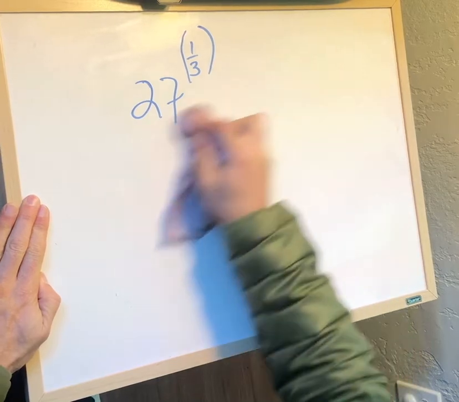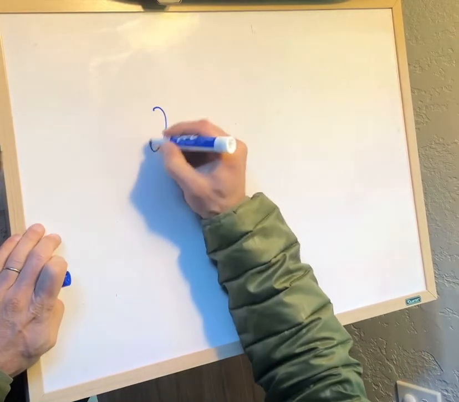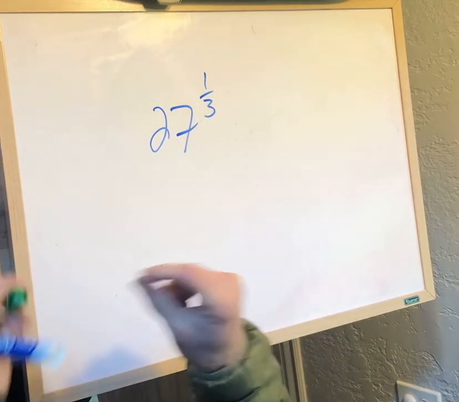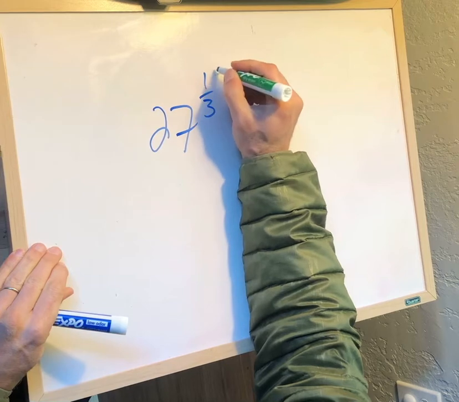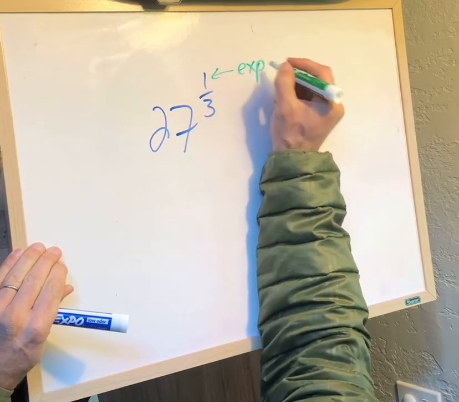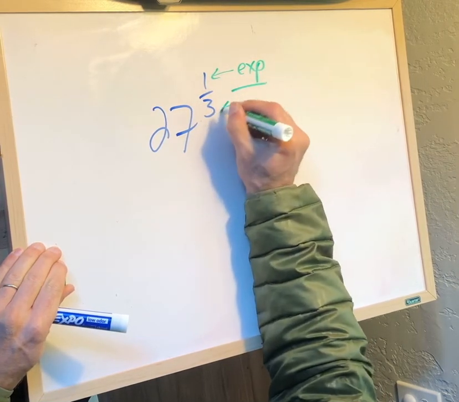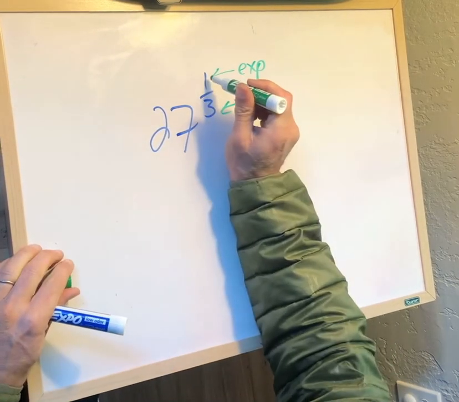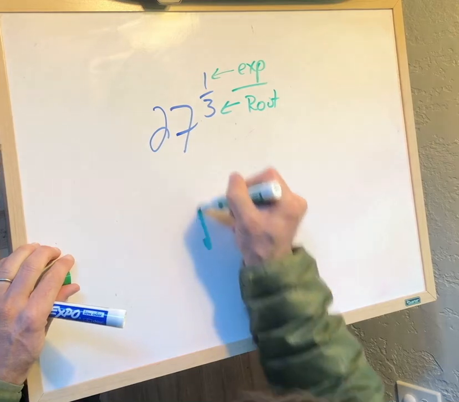Now let me explain this to you conceptually. Do you see in your notes, I say the numerator is always your exponent. Your denominator is always your root. Think of it like this. This 1 drops down because there's going to be a root here.